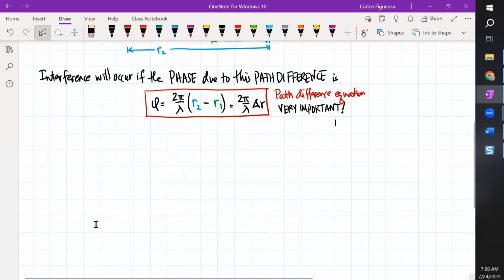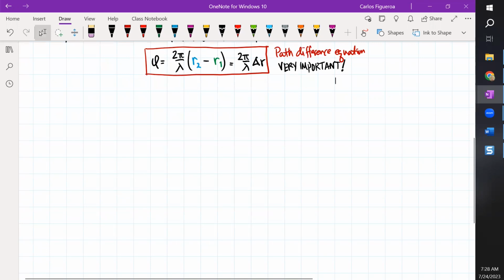Now we want to interpret this relationship, and we'll do this in steps.